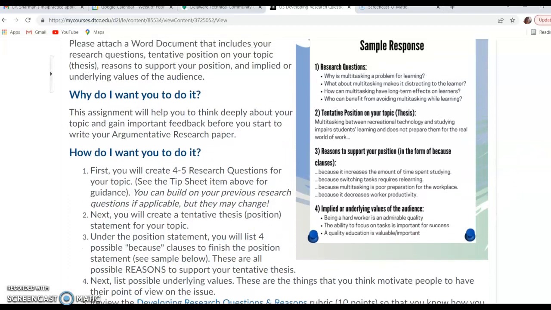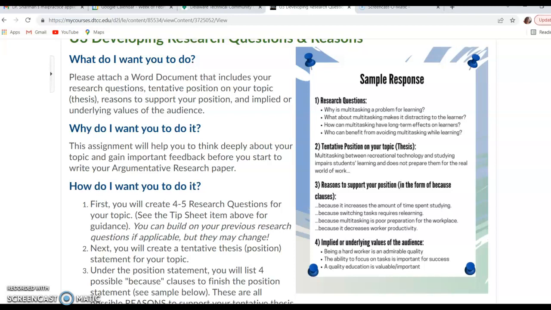Now keep in mind, this is on the same topic that you've been working with since Unit 1. In Unit 1, we did a literature review. In Unit 2, you took 2 articles and sort of did a comparison based on a couple of points. Now you will be choosing your position on this issue.